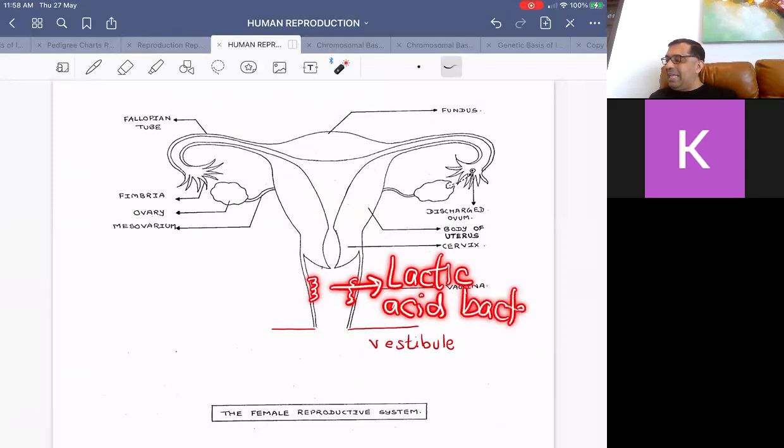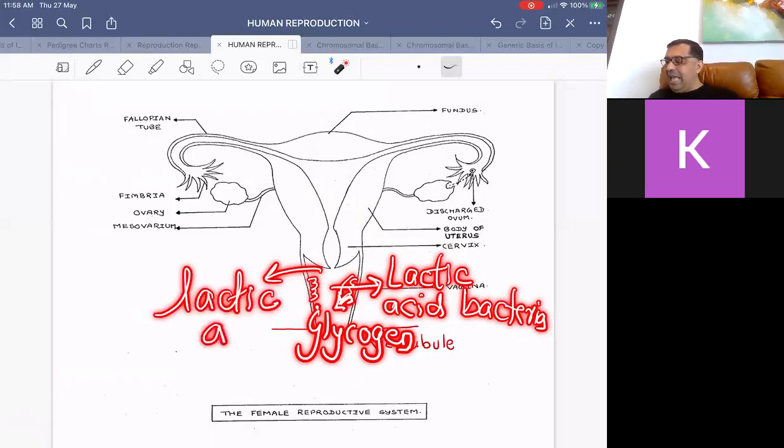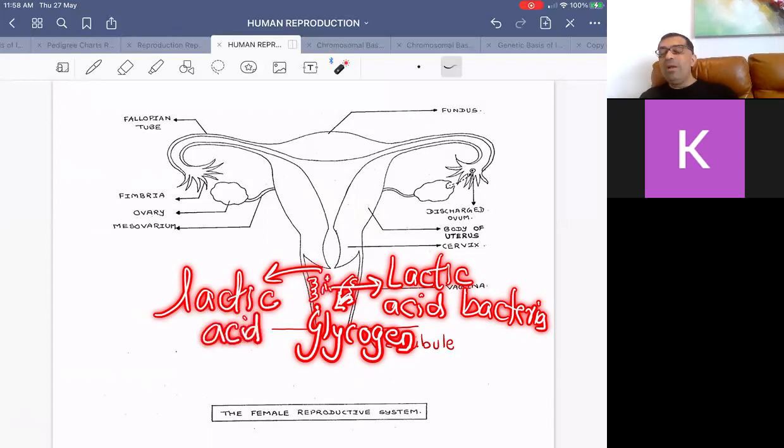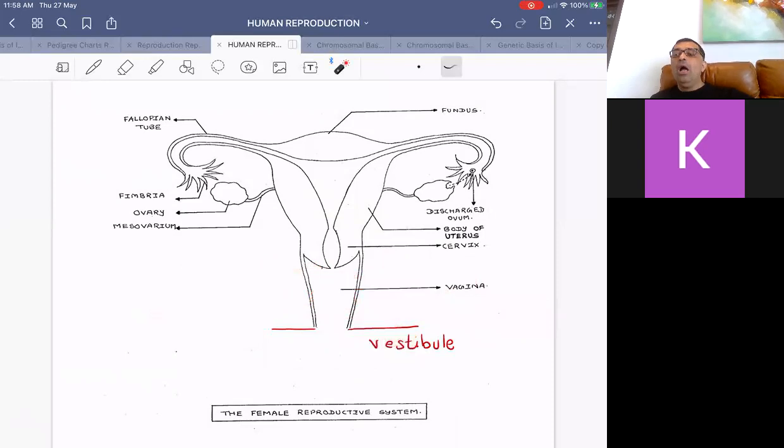And lactic acid bacteria will act on glycogen produced by these glands and convert glycogen into lactic acid. And lactic acid, we remember, will make the vagina highly acidic and protect the vagina from fungal infections from taking place.